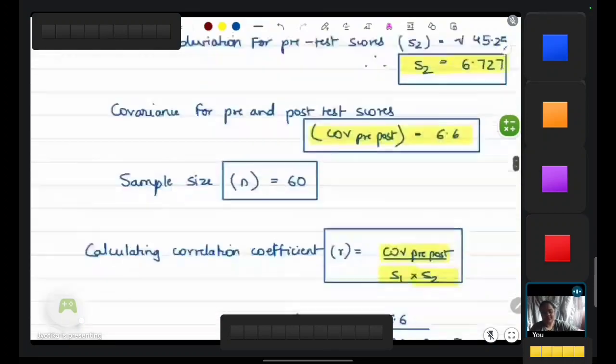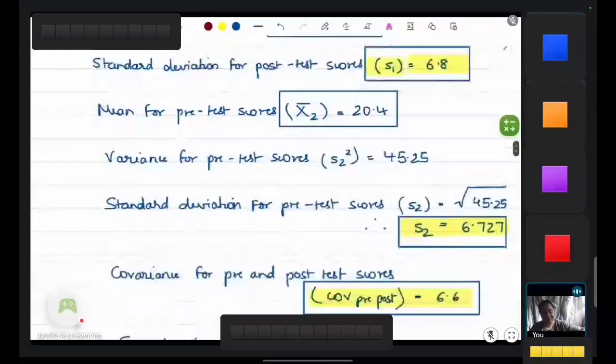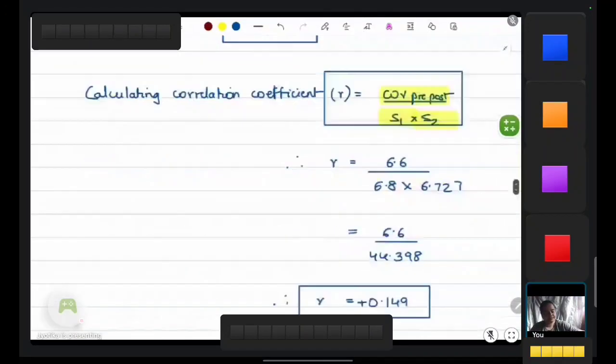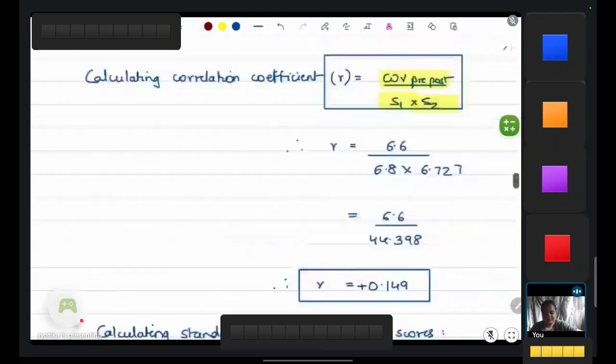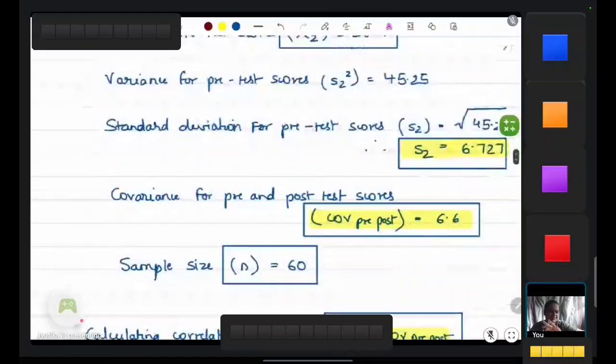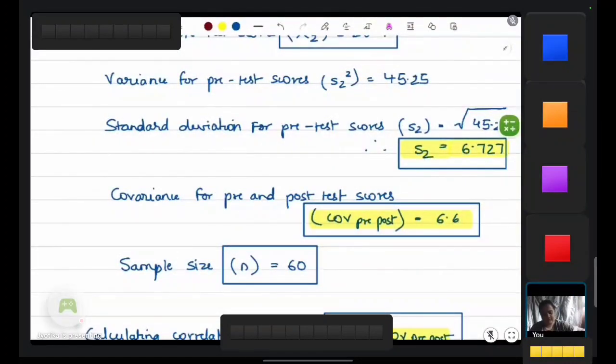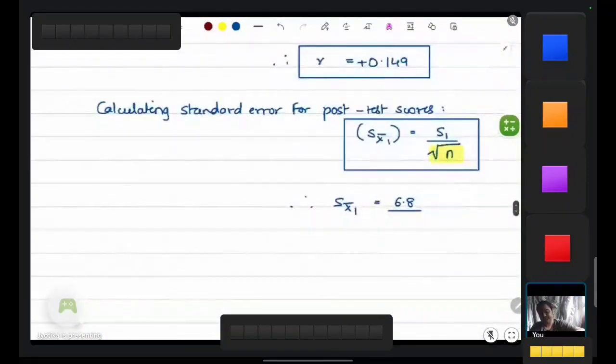S1. I think in the last step also we've written, but quickly again in the given I'll just show it. S1 is 6.8. Denominator is N, that is also given. Someone's mic is on, please turn it off. Okay, N is 60. So square root of 60. Let's solve it. As always, first we will take the square root and do it stepwise.